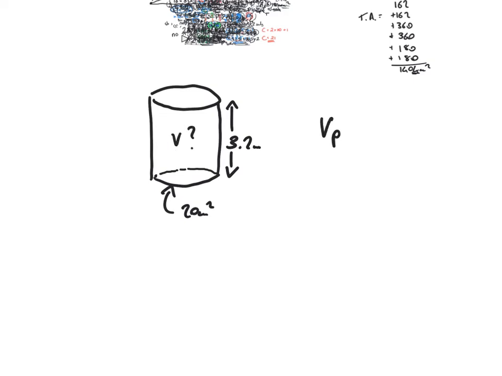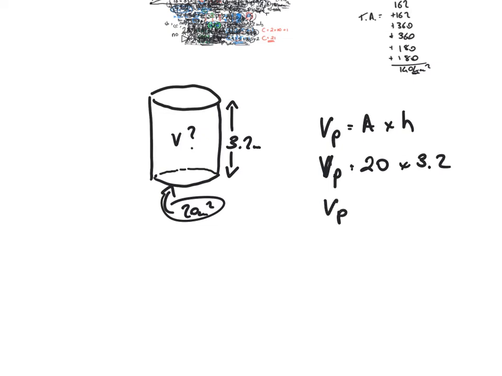So it's a prism, so the volume of a prism is its cross-sectional area times the height. Okay, the cross-sectional area is 20, and we're multiplying that by the height, which is 3.2, and that will give me 64 square metres.